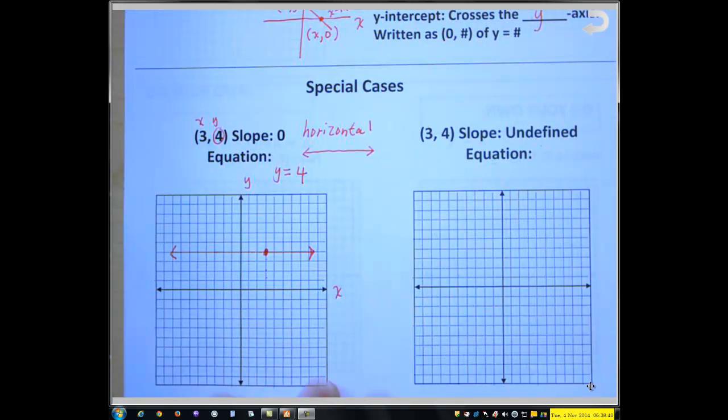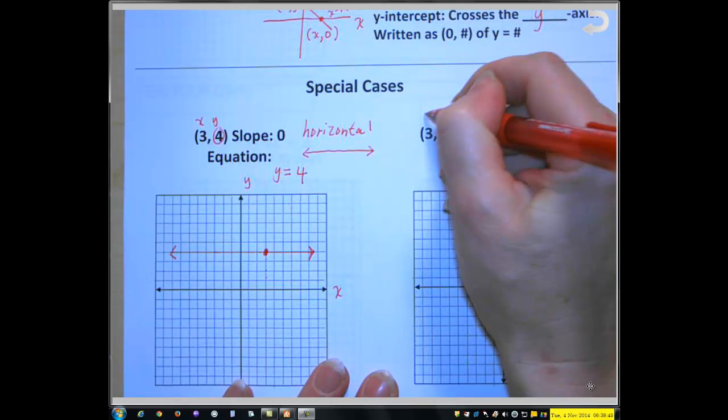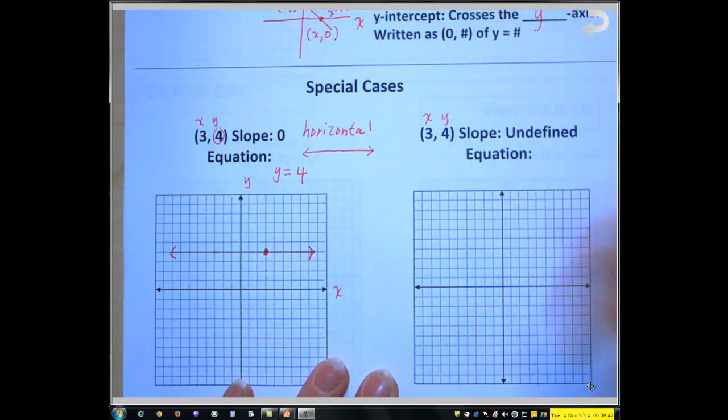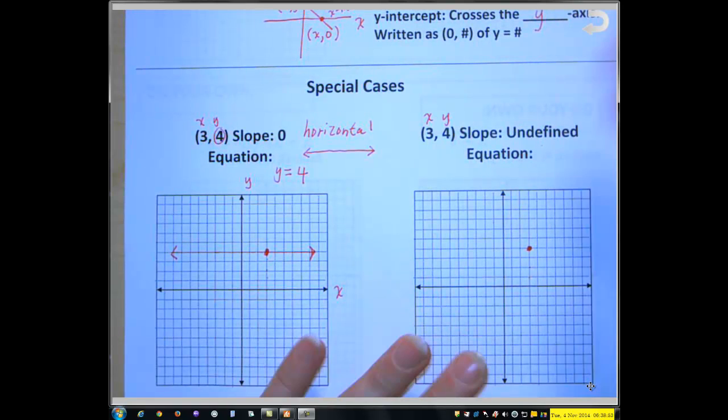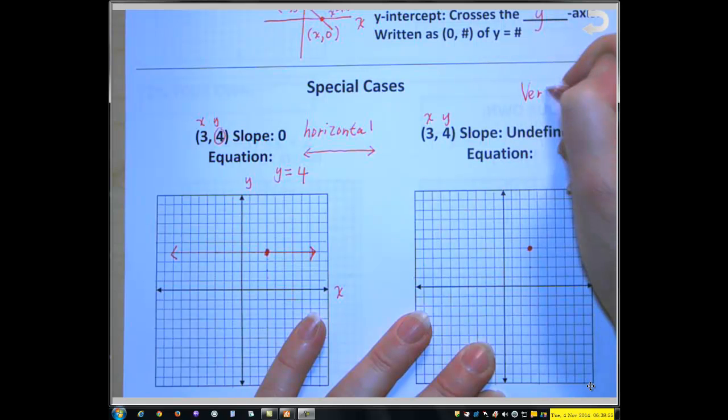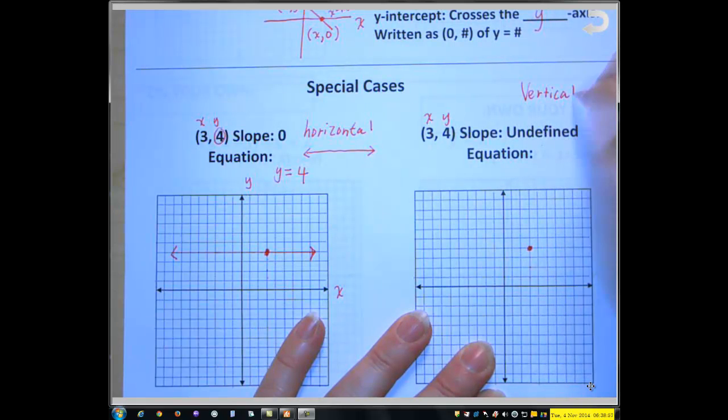Okay, let's go on to graphing a line with an undefined slope. Again, first we're going to graph the point 3, 4. This is the same point that we just graphed. This time our line has an undefined slope, so we know that this is a vertical line, one that goes straight up and down.